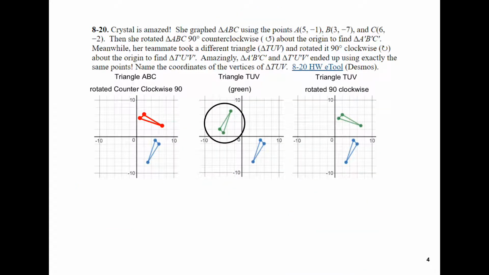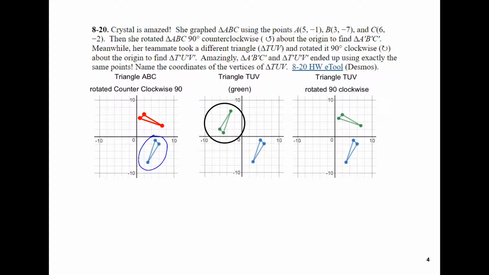So in 8-20, Crystal is amazed. She graphed triangle ABC using the points (5, -1), (3, -7), and (6, -2). She then rotated 90 degrees counterclockwise, so you can see in our picture, when we rotate counterclockwise, our original triangle moves up into quadrant 1.